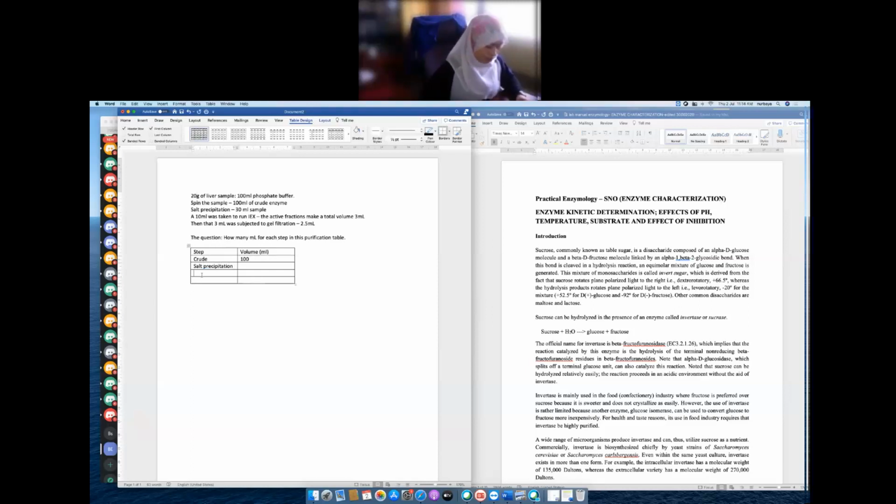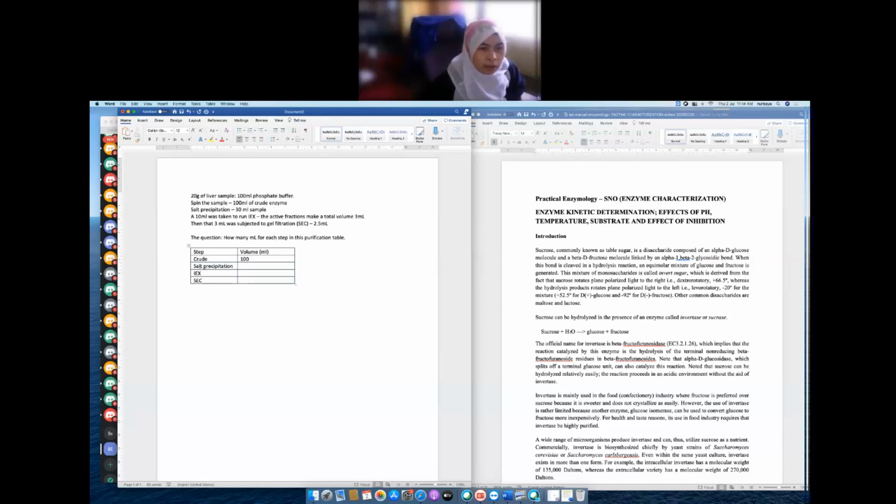and then this one will be IEX, this one gel filtration or size exclusion chromatography, SEC. So fill in the blank here.